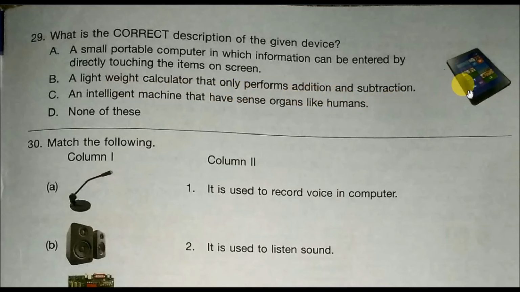Is it a calculator? No. Option C. An intelligent machine that has sense organs like humans. Oh my god. And option D. None of this. Of course, the correct answer is A. It is a small portable computer which is called a tablet or iPad in which information can be entered by directly touching the items on screen.